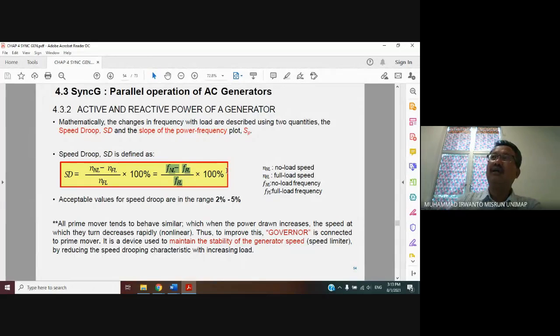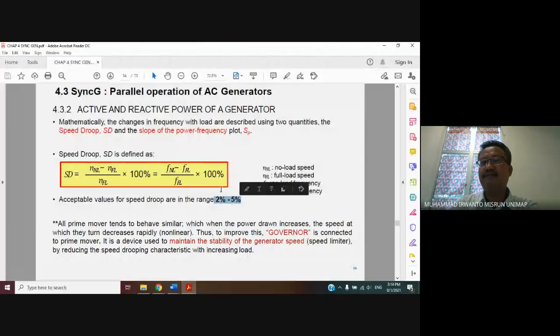In operation of one generator or two or more generators, the speed drop, meaning the rotor speed of the generator, can be reduced, and the value of the speed drop should be in the range of 2% to 5%.